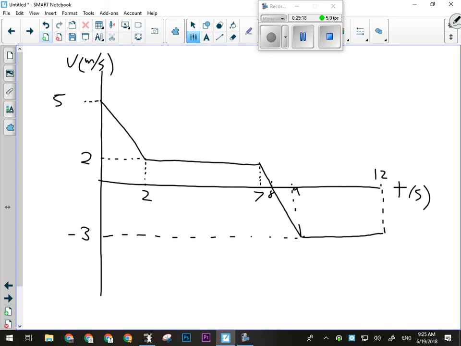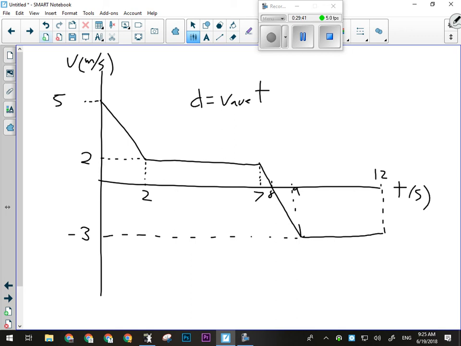We want to find the overall displacement from this graph. Now remember that displacement can be calculated by taking average velocity and multiplying it by time for each section of the graph. So that's what we're going to do here.